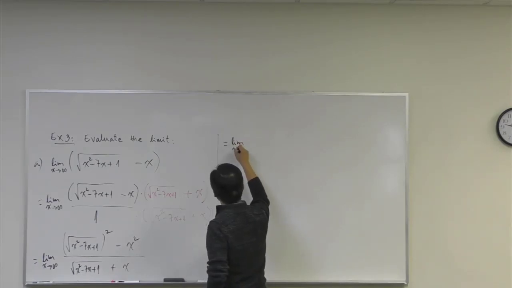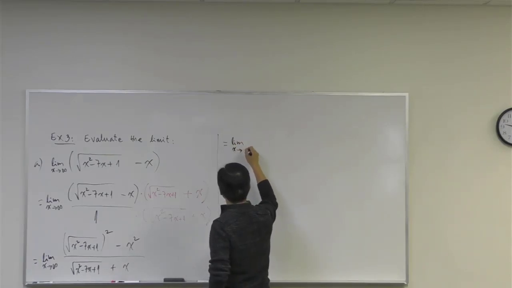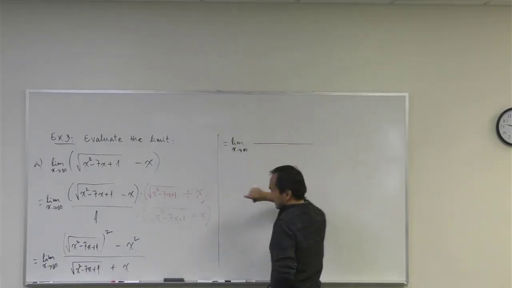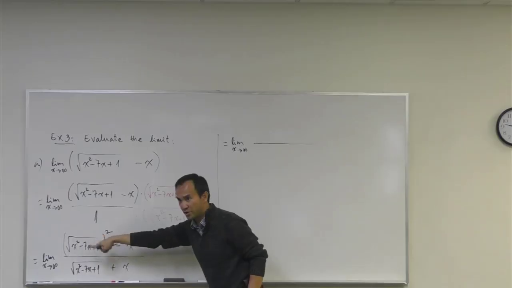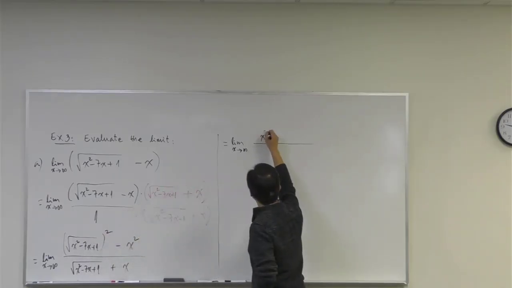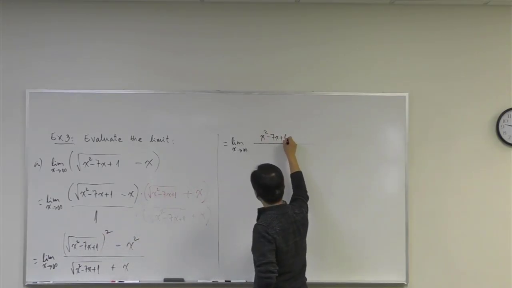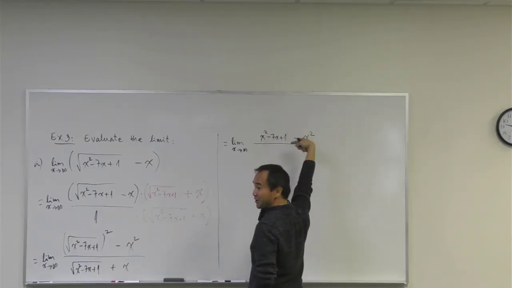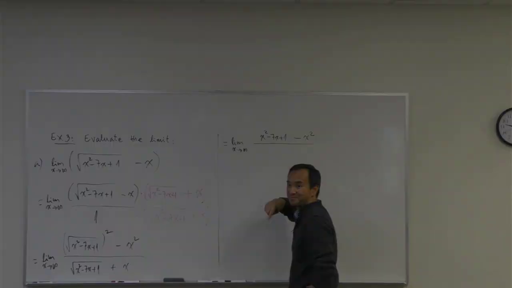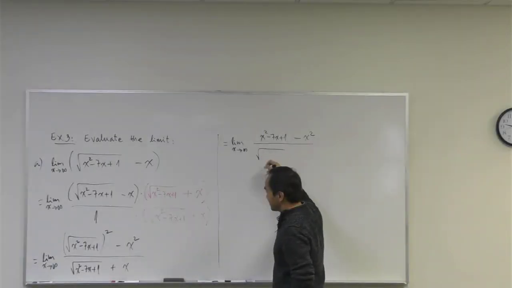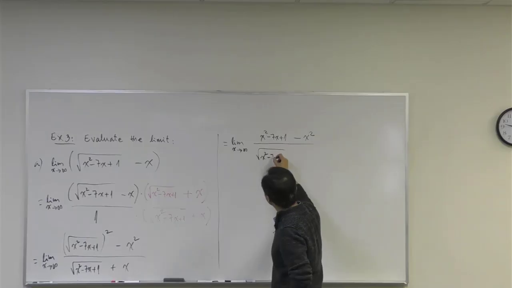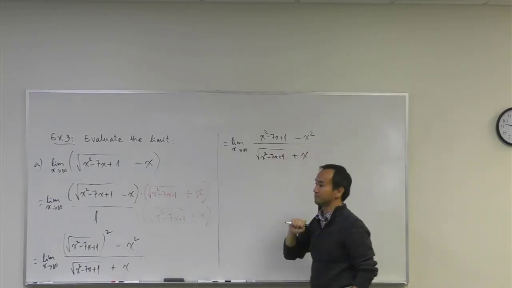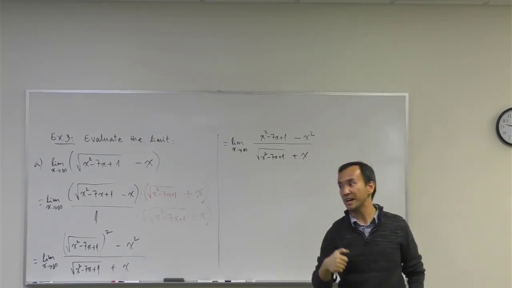Still on my way reducing the expression algebraically, so the limit is held on. The square cancels with the square root, right? It leaves me x squared minus 7x plus 1, no more square root, and minus x squared. Good? Right. So eventually the two opposite terms will get canceled away. We have in the denominator the square root of x squared minus 7x plus 1, plus x. So everybody all agree with me on that still?